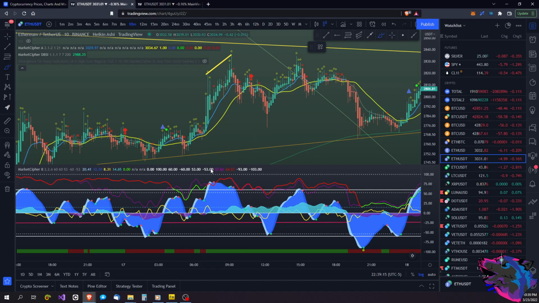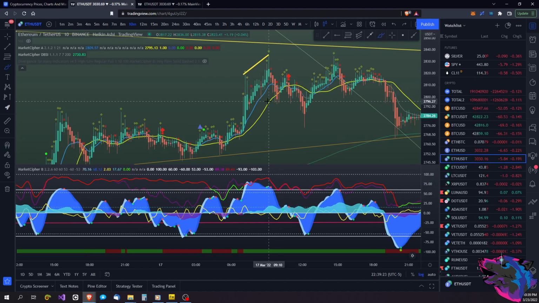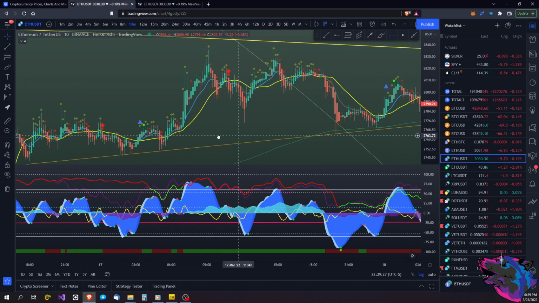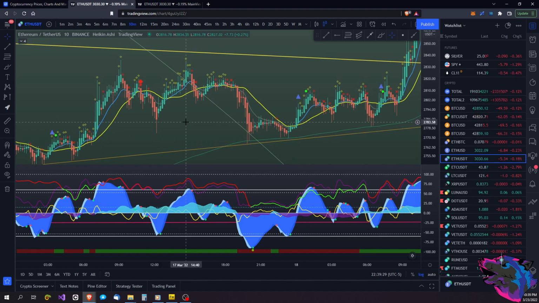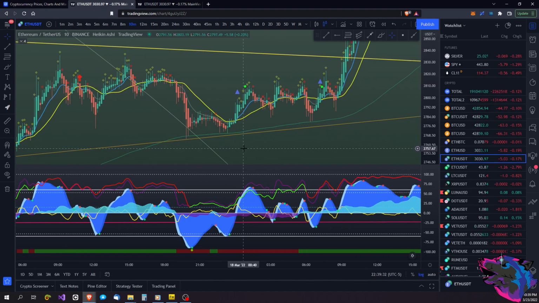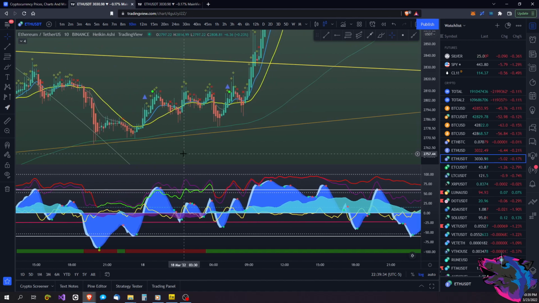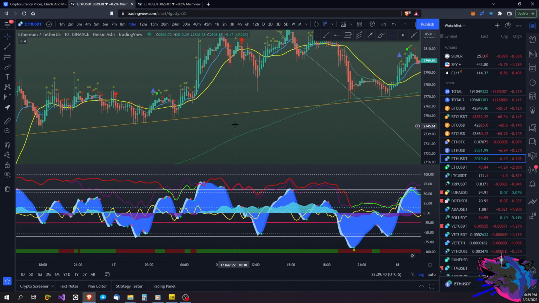The same thing applies with the Market Cipher RSI. So let's see. This one didn't quite play out like that because we got going up right there. See if we can find one. It's usually best when you're in these little sideways consolidation periods.